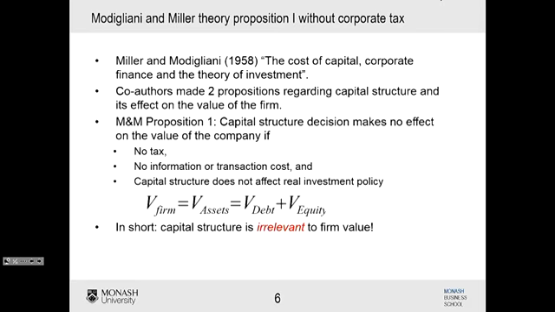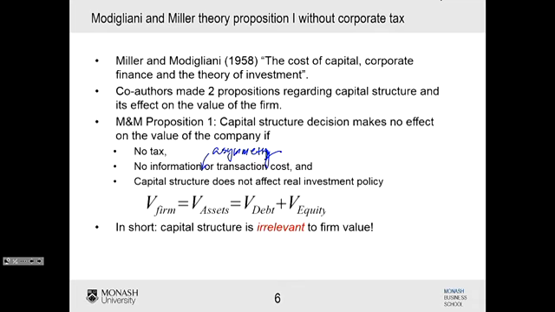You can add information cost. Use our academic word: asymmetry, A-S-Y-M-M-E-T-R-Y, asymmetry, and the transaction cost.